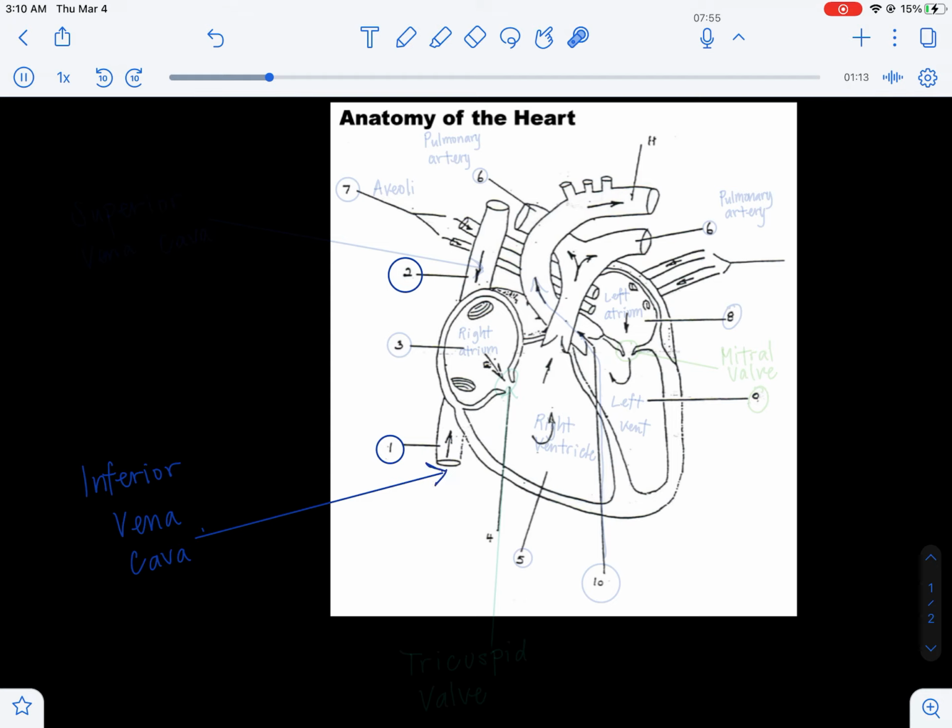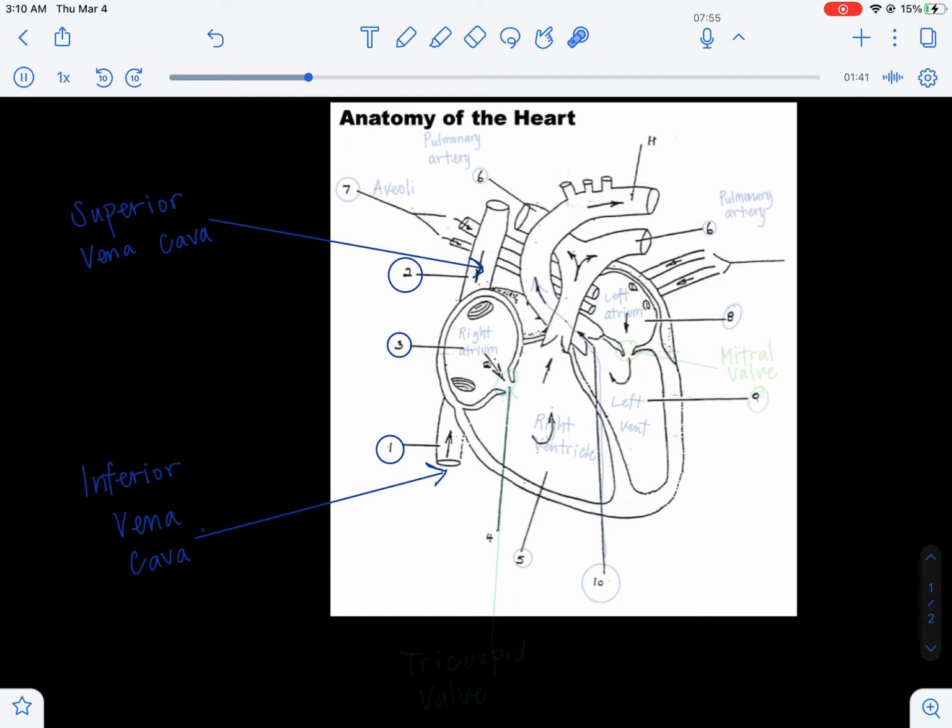And then the superior vena cava, which is number 2. Let me also put an arrow so that way you have an idea how it looks. So top and bottom.